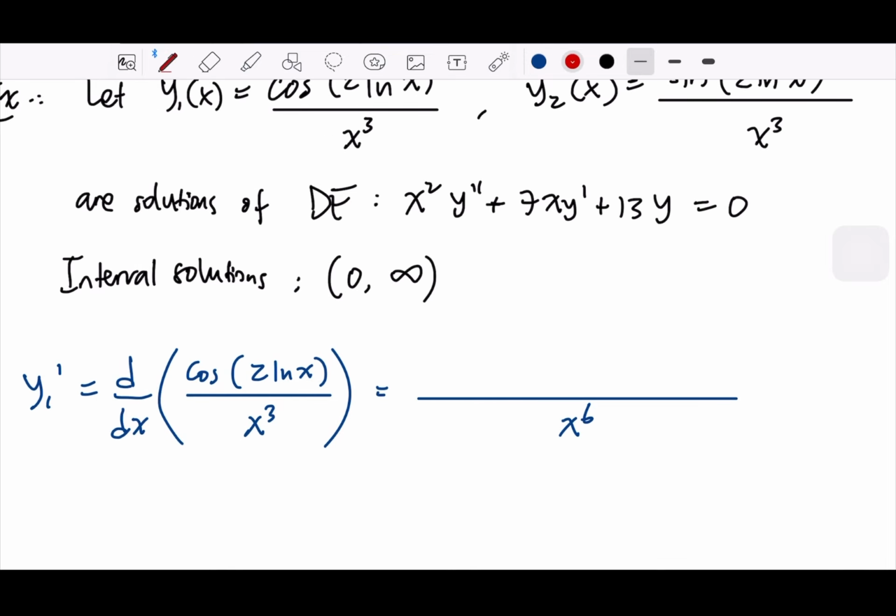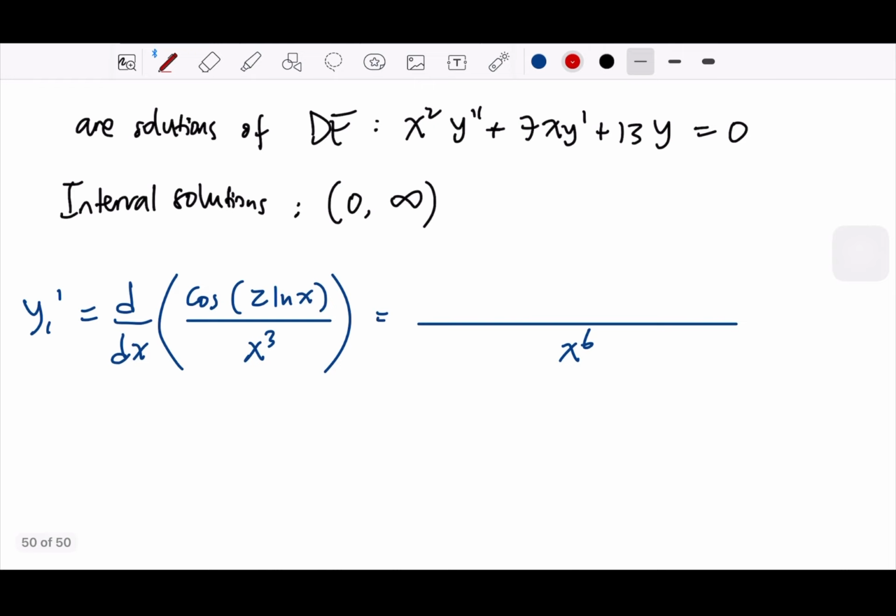To help you remember the quotient rule, we are going to have this, with f and g. So the derivative of cosine 2 ln x is negative sine 2 ln x, and then multiply by the derivative of 2 ln x, which is 1 over x.